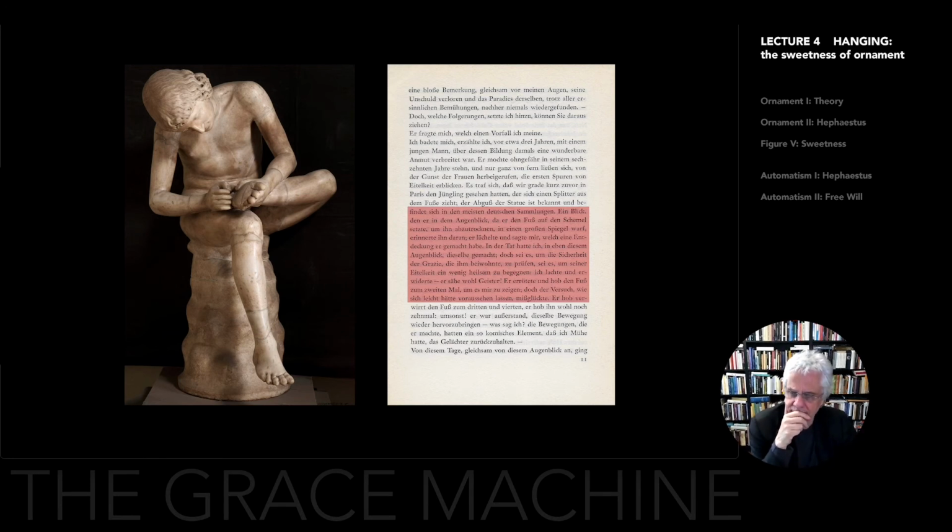Now, on the left, this is a Roman copy of a Hellenic sculpture, a very famous sculpture, Boy with Thorn. A boy removing a thorn or a splinter from his foot. It's also called Spinario in Italian. It's very beautiful. And that's the narrator. He describes a young man.